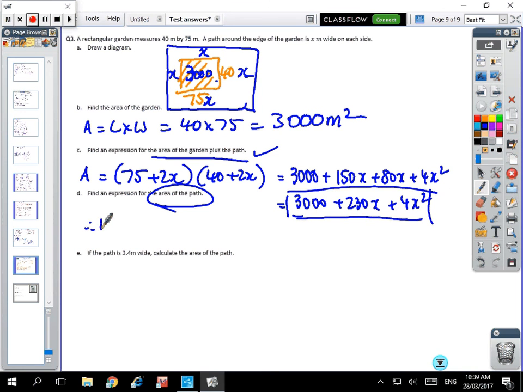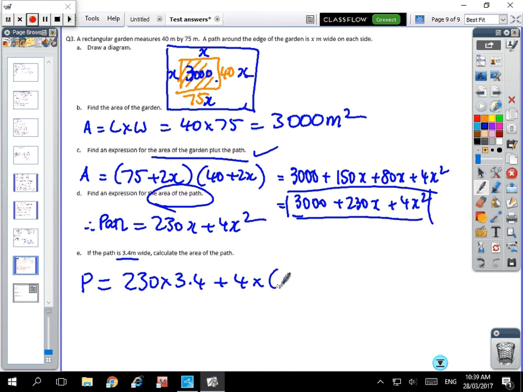So the 3,000s cancel out, so the path must be 230x plus 4x squared. And then if the path is 4 meters wide, 230 times 3.4 plus 4 times 3.4 squared. I didn't bring my calculator with me, but just do that in the calculator and you get the right answer.